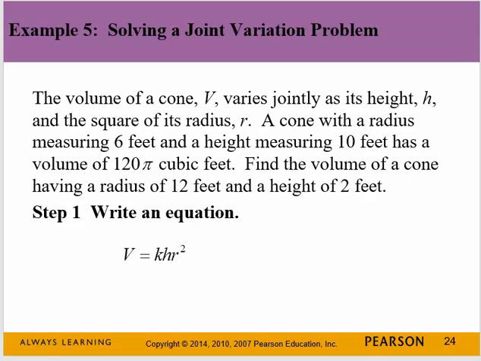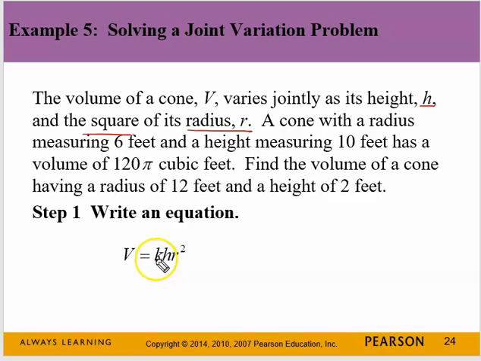The volume of a cone, V, varies jointly as its height and the square of its radius. All right, so we see it there. This is actually the volume formula of a cone.